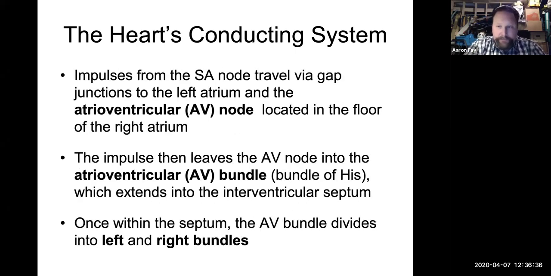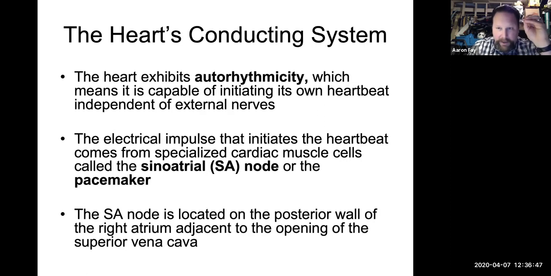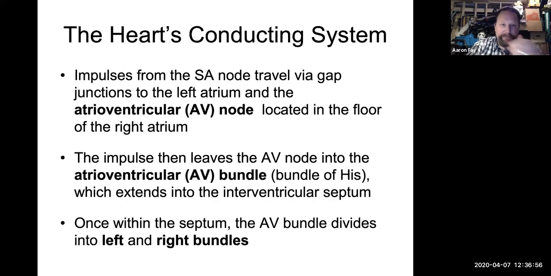The signal to contract starts at the sinoatrial node, the SA node, and is going to spread out over both atria.